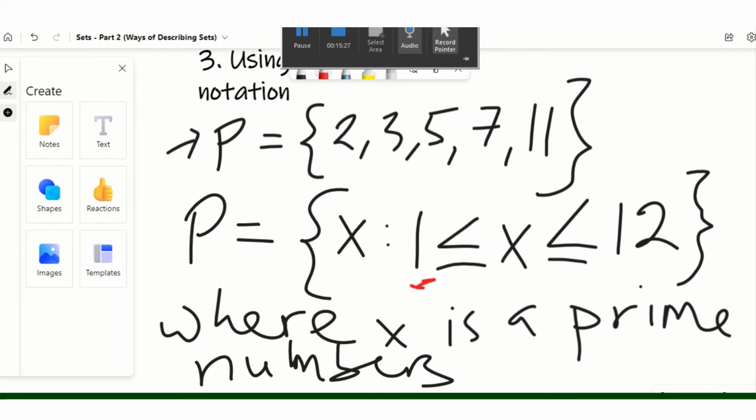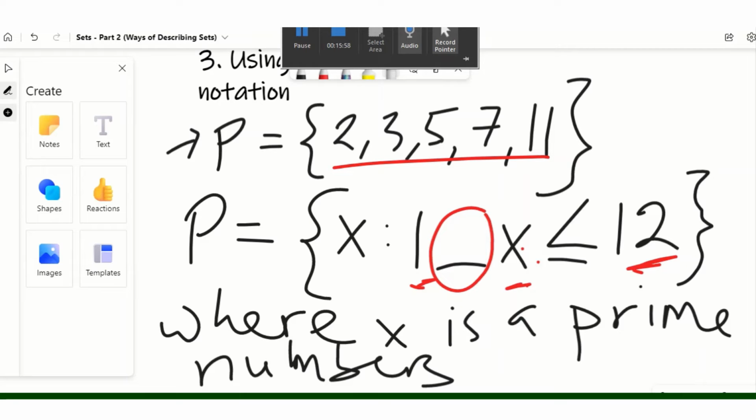The numbers between 1 and 12 are prime numbers, and the prime numbers are these: 2, 3, 5, 7, 11. So when you see the sign, the open side is facing the x, that means that x is greater than 1.